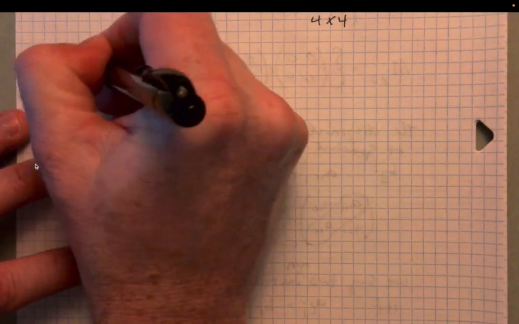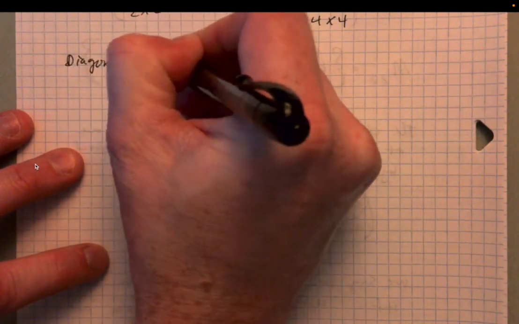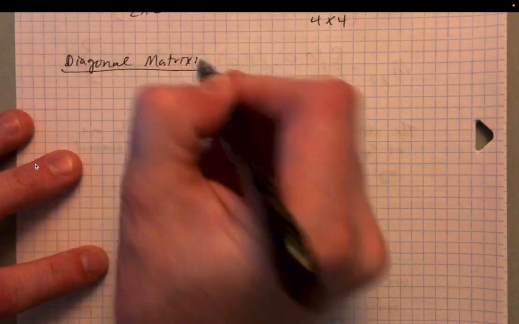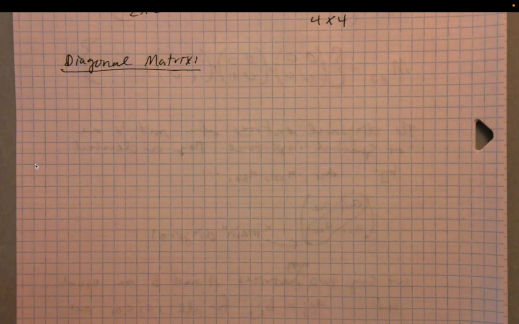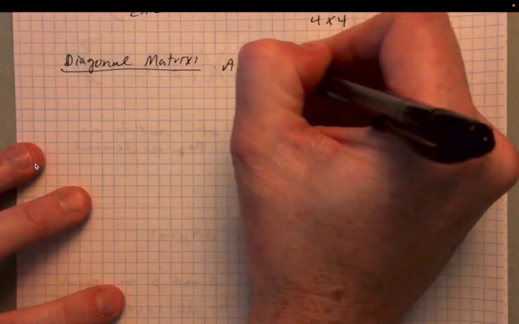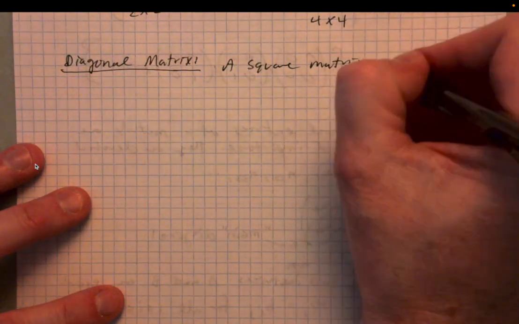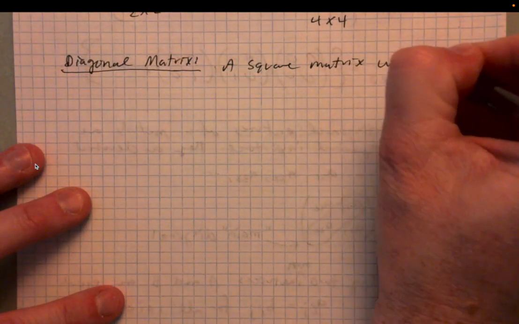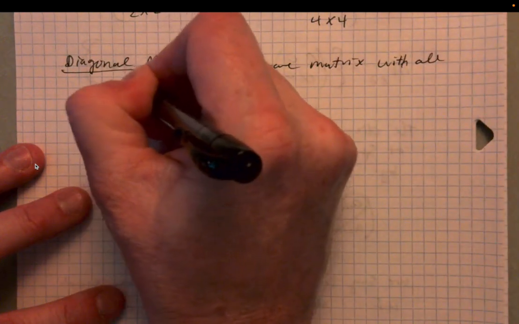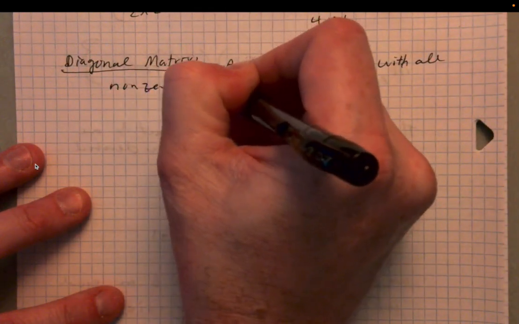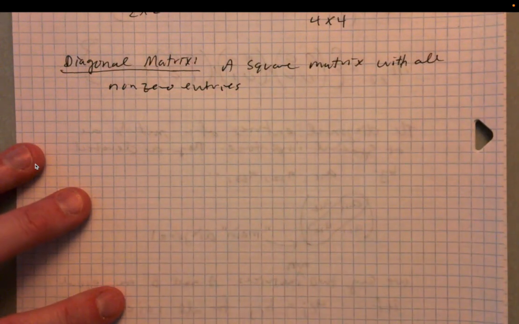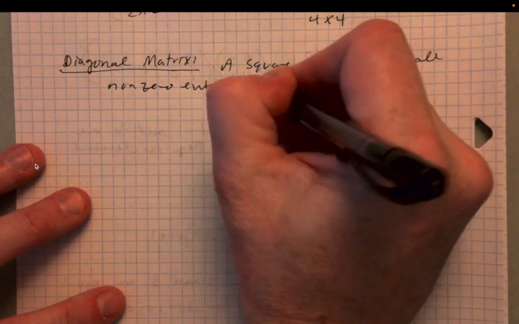Another special type of matrix that will come up in this course a lot is the diagonal matrix. Now this isn't a matrix that has a diagonal shape, it's a square matrix with all non-zero entries appearing only on the diagonal.